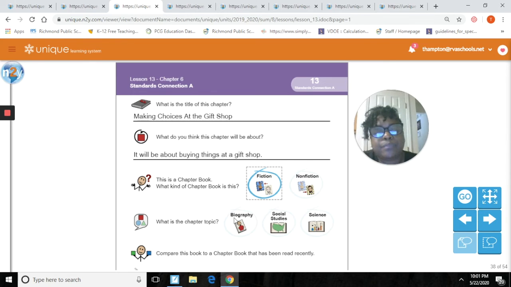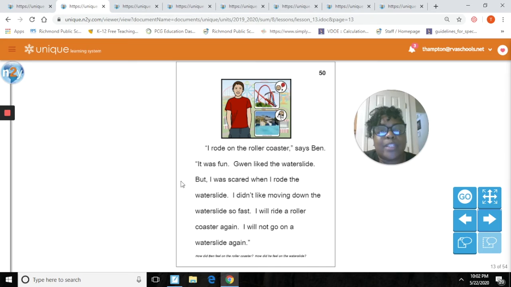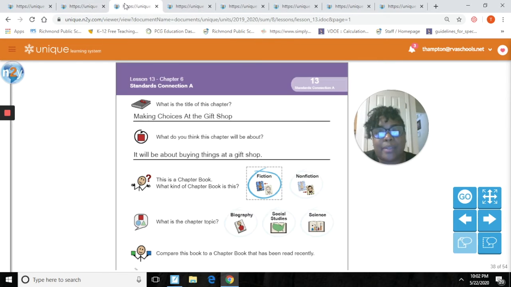science. Is this book about one person? Because a biography is usually about one person. So if we go back over here and we look, we see one person here, but we see another person here. So it's not about just one person. So this must be a book that's centered around social studies, because in social studies we learn about buying things.